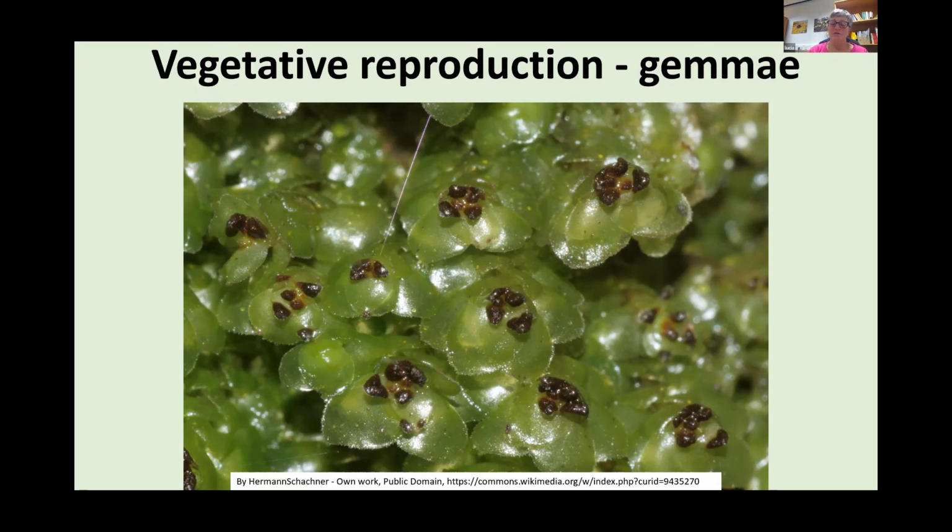Scapanias frequently produce gemmae in different colors. So this one is Scapania umbrosa, which produces chocolate brown gemmae, but there are some that produce red gemmae or green gemmae. So it seems to be something that is useful to tell some species of Scapania apart.